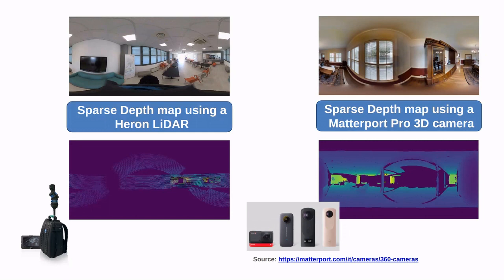Here we can see different kinds of sparse depth. The sparse depth map by a Velodyne LiDAR has lots of valid information, but only for a few stripes. And by a structured light sensor, a Matterport Pro 3D camera, which has lots of missing areas when rooms are large, surfaces are shiny or thin, and strong lighting is abundant.